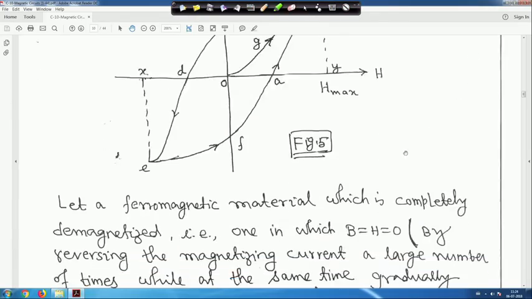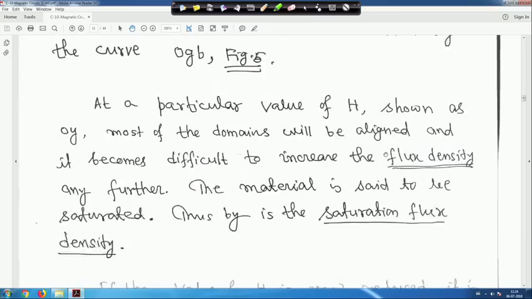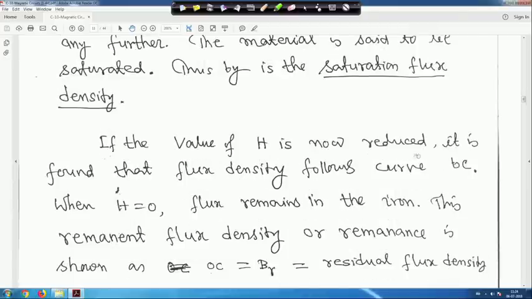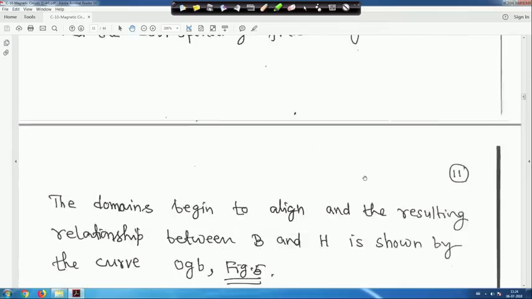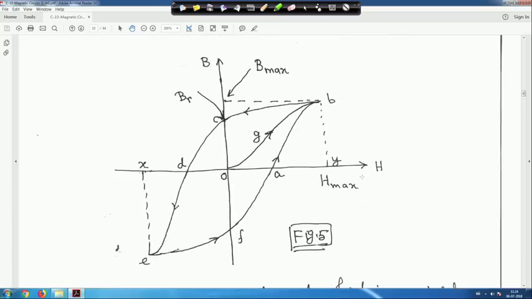After that, if the value of H is now reduced, it is found that the flux density follows the curve BC, right. Now, when you try to reduce the current, you are moving in this direction.